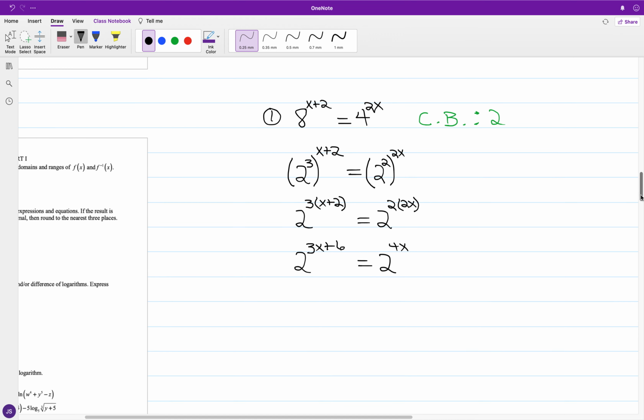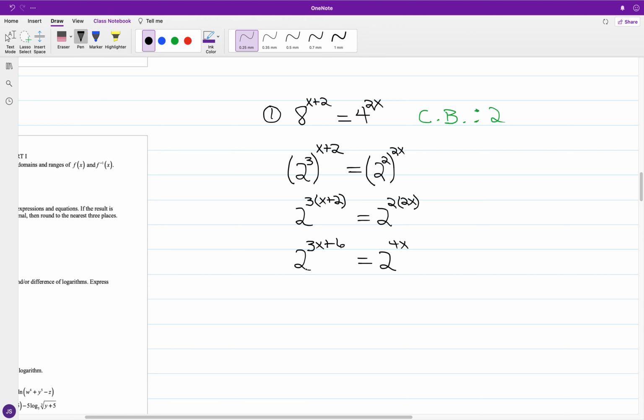And now we have single base 2 terms on both sides, and we can set the powers equal to each other. So we have 3x plus 6 is equal to 4x.